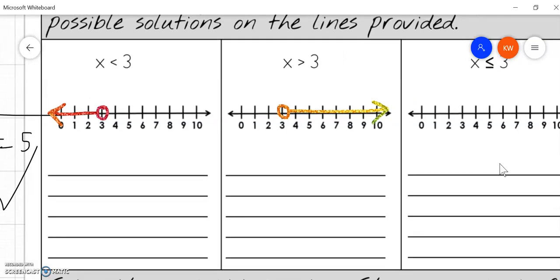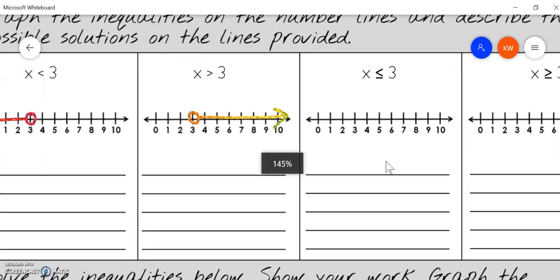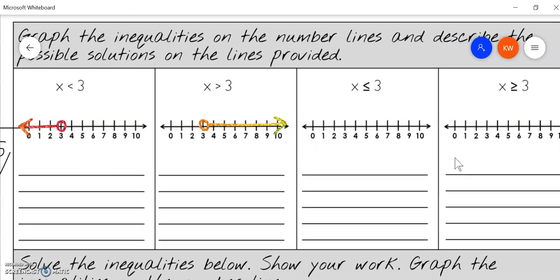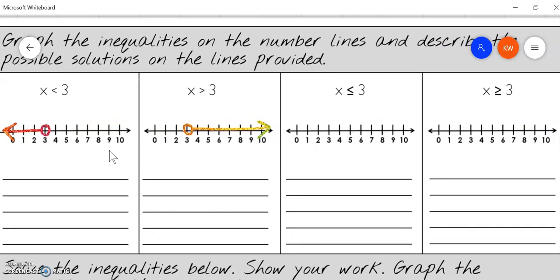So for the next ones, we have something different for their graphs. They're still going to be going similar directions as these two, but this time the circle that we make is going to be closed. Now, when I say closed circle, I mean instead of having it open with nothing filling the inside of the circle, you're actually going to shade that in.